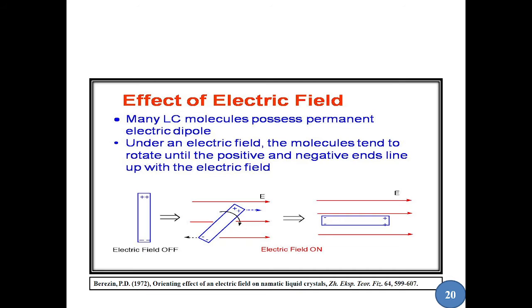Effect of electric field. Any LC molecule possesses a permanent electric dipole. Under an electric field, the molecule tends to rotate until the positive and negative ends line up with the electric field, as shown in this figure.